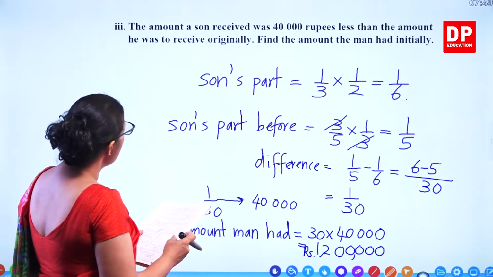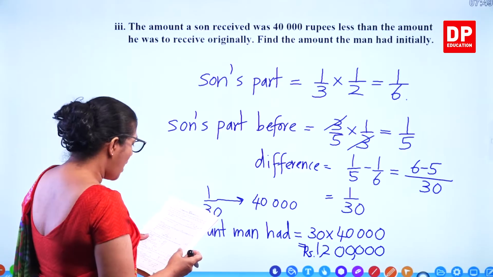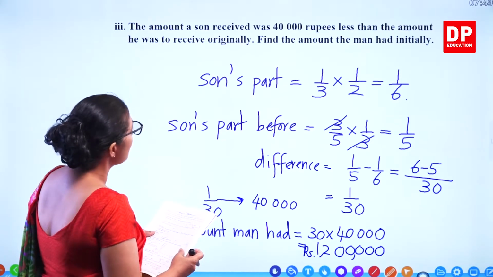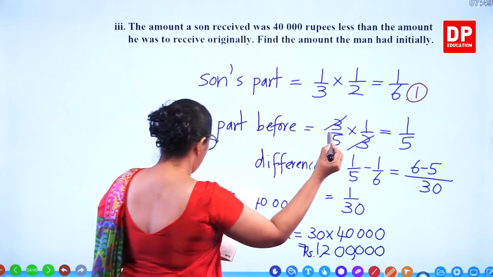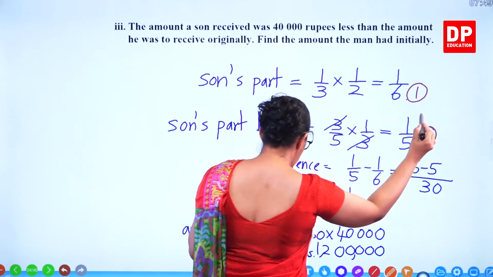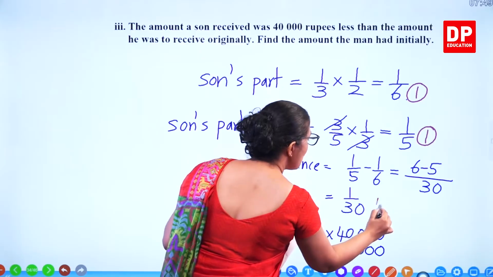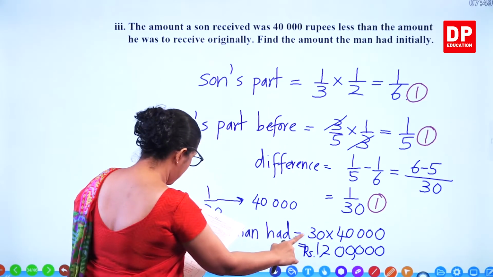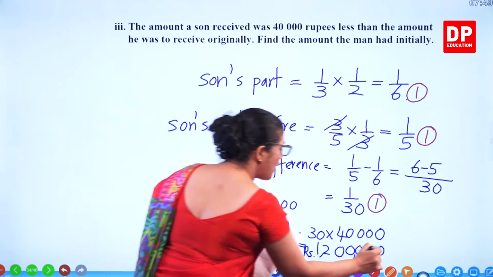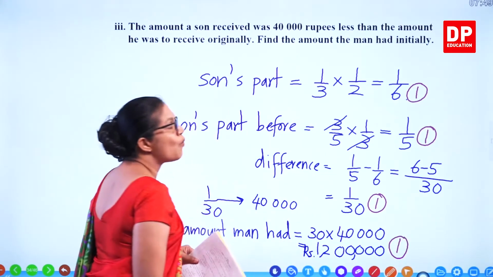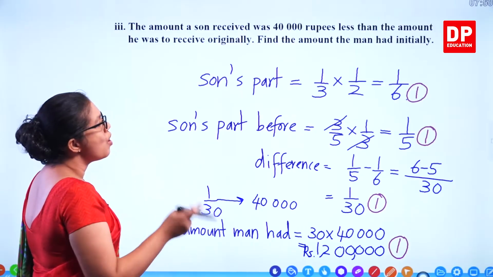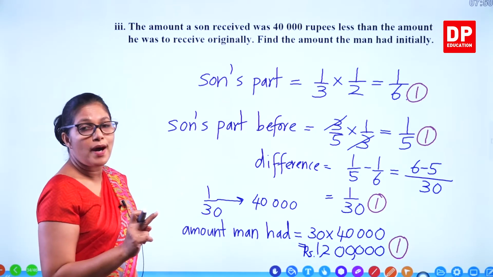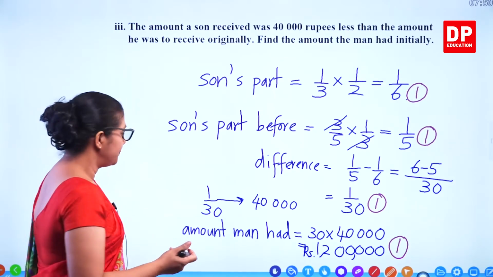So you get 4 marks altogether. How you get marks? 1 mark for this step and 1 mark here and 1/30 1 mark, and finally getting 1,200,000, you get 1 mark. So altogether 10 marks. So this is 4 and previous 2 parts 6 marks.